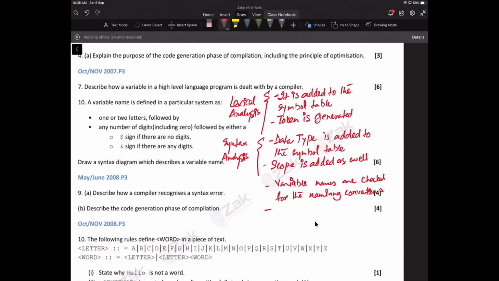Then variable locations or addresses are calculated or hashed and added to the symbol table.